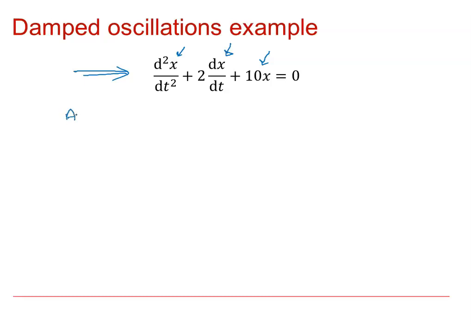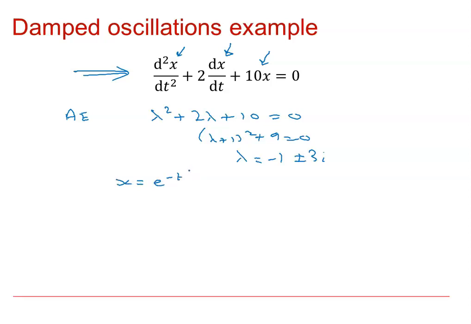So now if we look at the auxiliary equation, we get lambda squared plus 2 lambda plus 10 equals 0, and we could complete the square here, or we could use a quadratic formula, but we get lambda is minus 1 plus or minus 3i, and that will have the general solution x equals e to the minus t (p cos 3t plus q sine 3t).